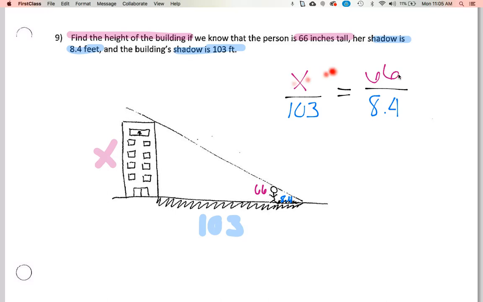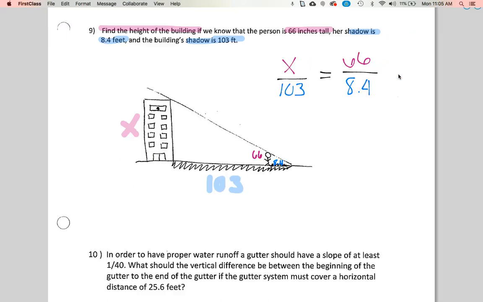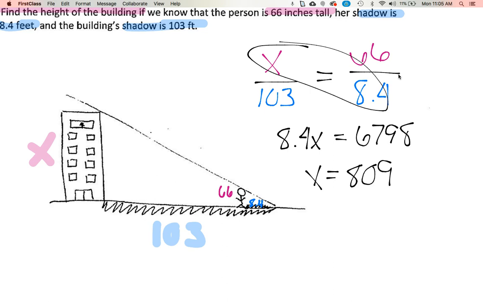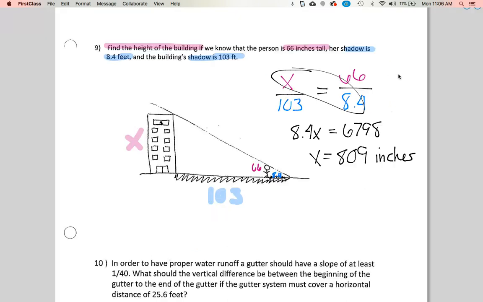So this is going to give us a bunch of inches. So 8.4x equals 6798, which is about 809 inches.